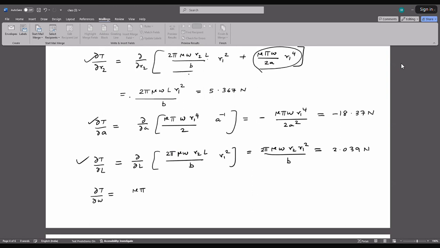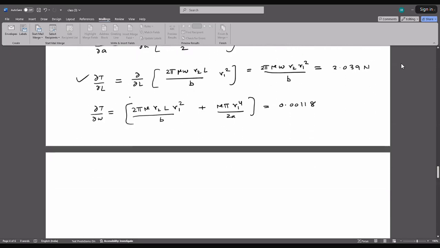If you look at here, 2πμ R2 L R1 square over B plus μπ R1 4 over 2A. So if we substitute the values, this will come out to be 0.00118.